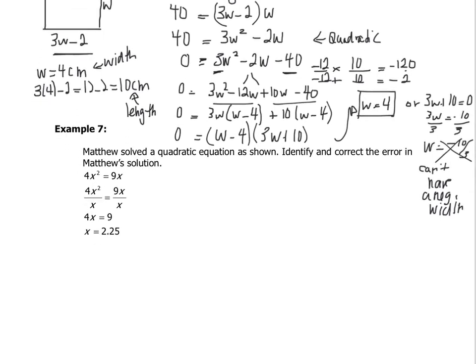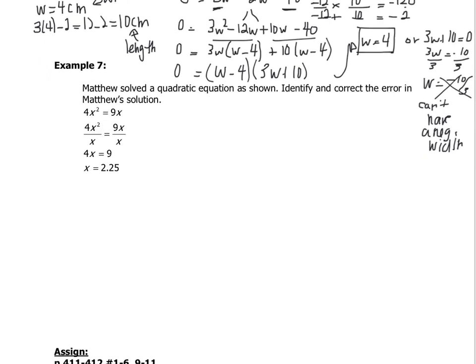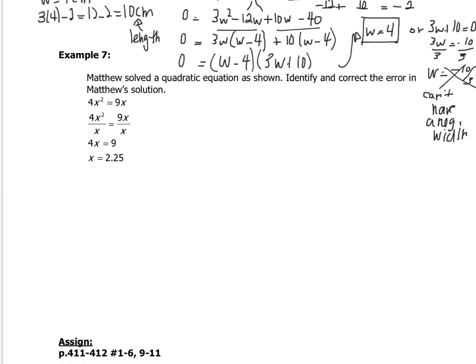The last example talks about when you're solving an equation, one of the methods you shouldn't use is dividing a variable out of both sides of the equation, because you could possibly lose solutions. This is the error here: you shouldn't divide by a variable because you could lose solutions.